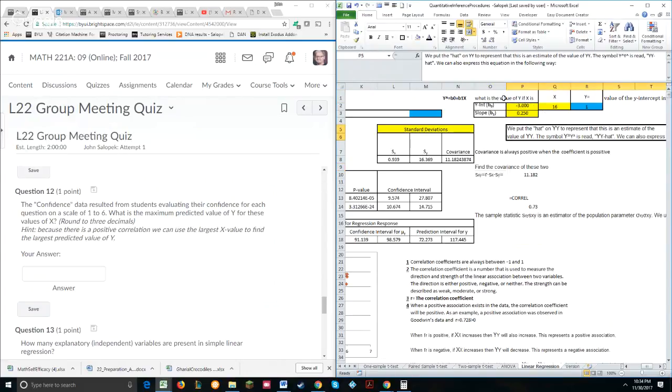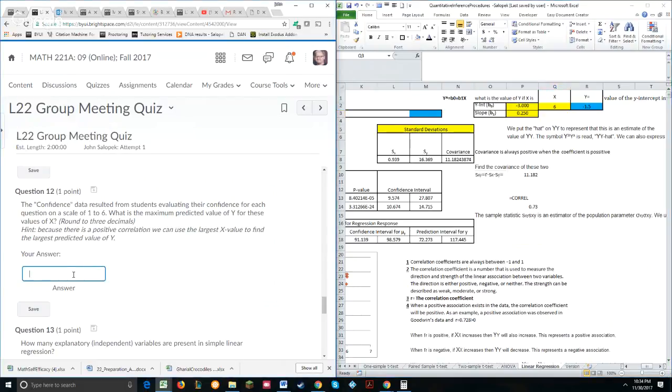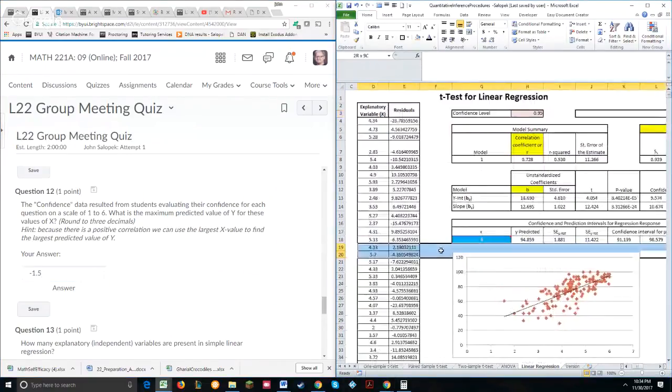So this is a little graph I made to help me do these questions. I think it's asking this. If we change this number to a 6, what is y? Negative 1.5? I think it's this, 117.445. Because if you look at the box, can you share your screen?